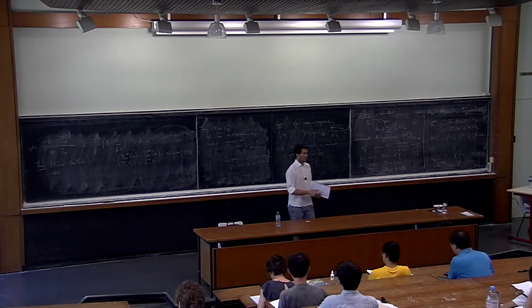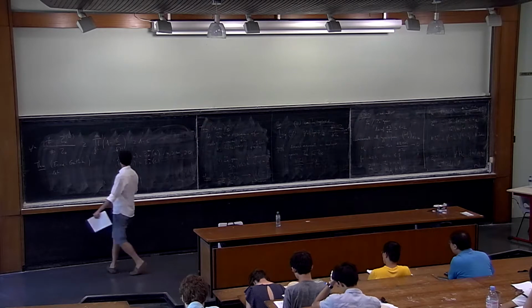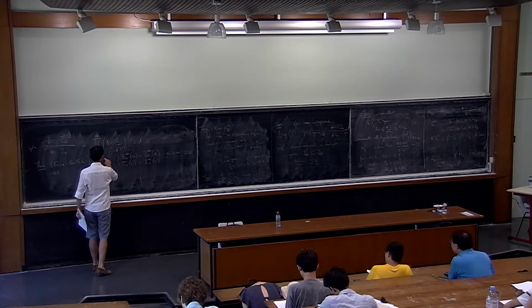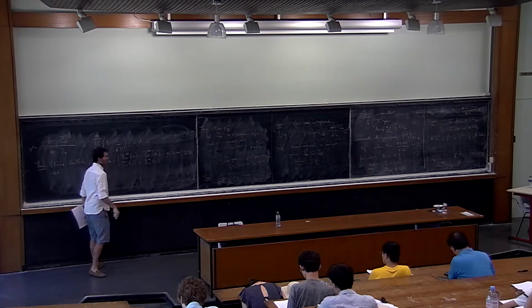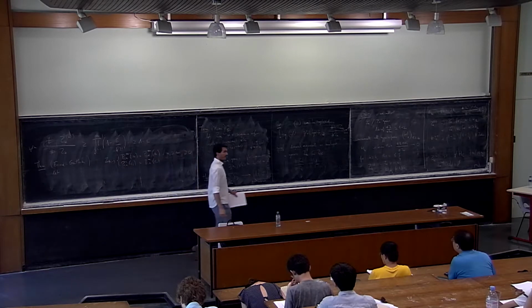So I look at the distribution of such points, let me call it Z m n, something like that. And I want to study the distribution of these points Z m n.